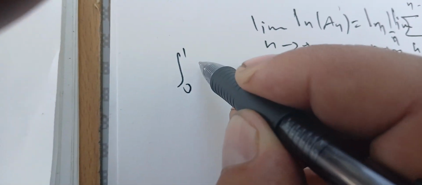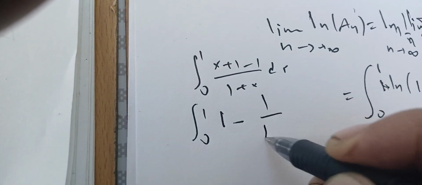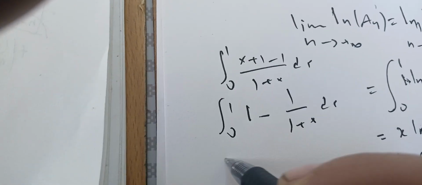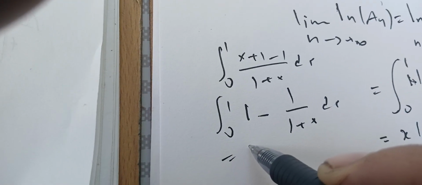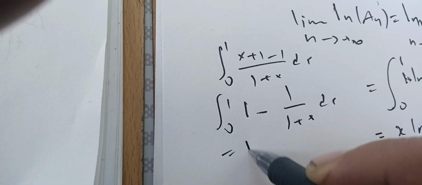To do that, let's see that we can add and subtract 1. So we get the integral of 1 minus 1/(1 + x) dx. The first gives me x, so when I integrate between 0 and 1, I get 1, and the second gives me the natural log of (1 + x) between 0 and 1.